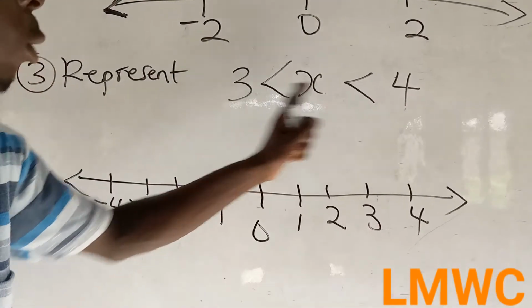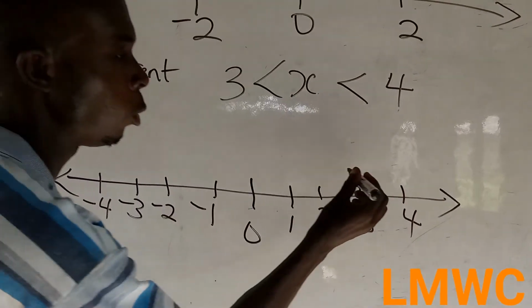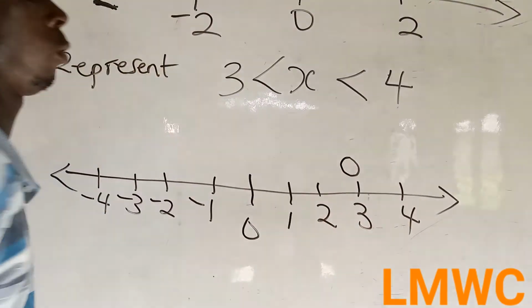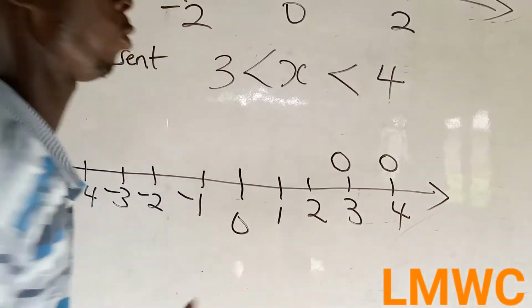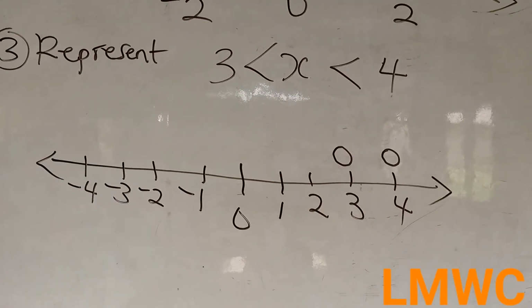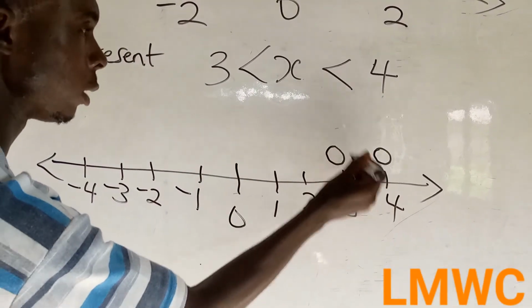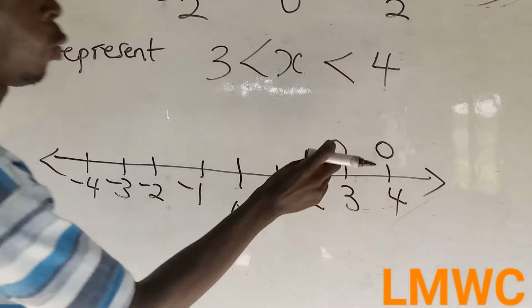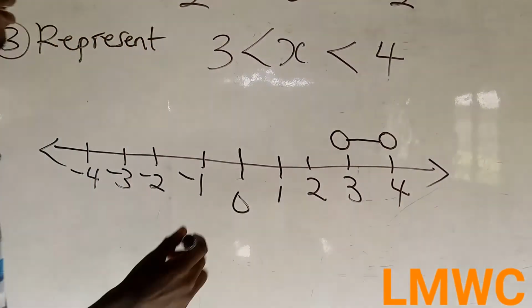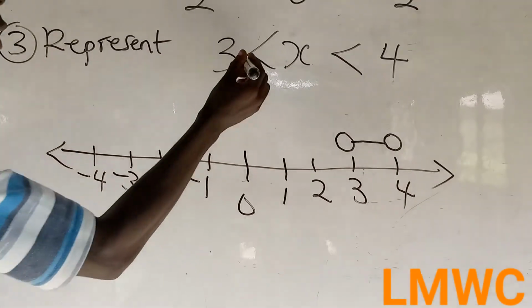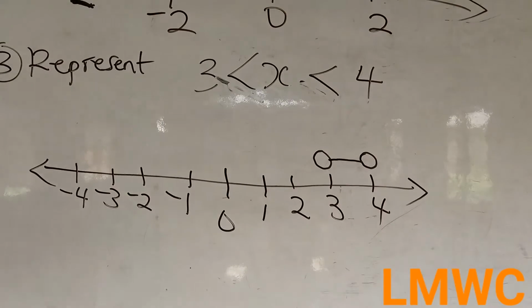What numbers are they talking of? They are talking of 3 and 4. So you draw one circle on 3 and one circle on 4. If they were talking of 3 and -4, you draw a circle on 3 and -4. So once they are talking of this, you join these 2 circles. And since there is no equal sign here, you leave it as an open circle.